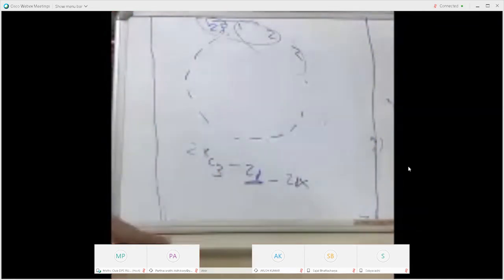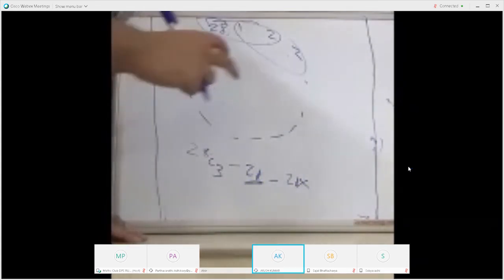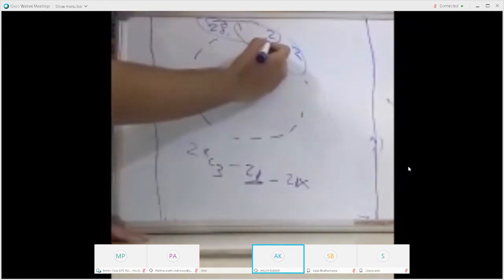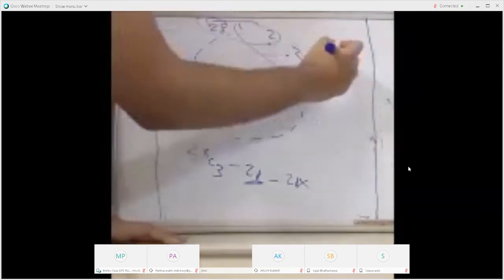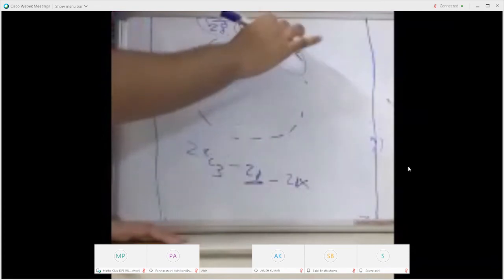And now in how many ways can we select the other point? 28 ways? How is it 28? We are selecting 27. No, 26, right? But we said that the third point is not adjacent to these two.